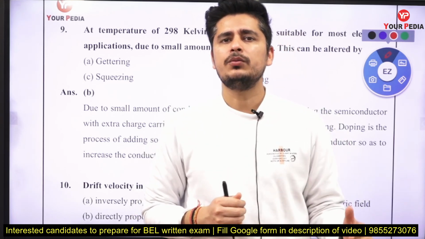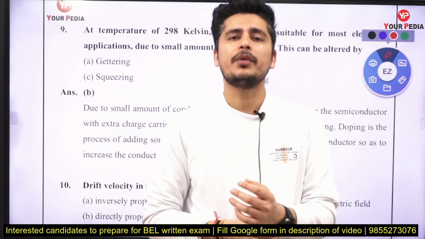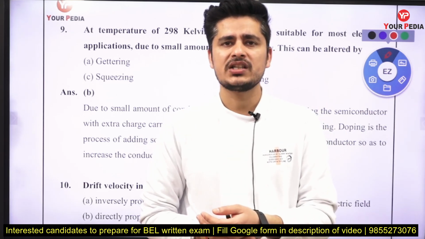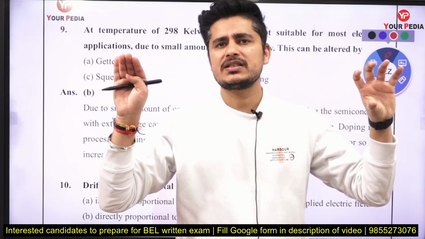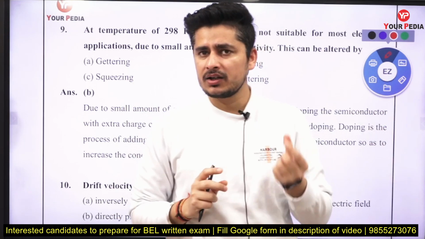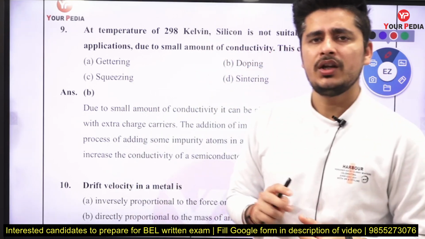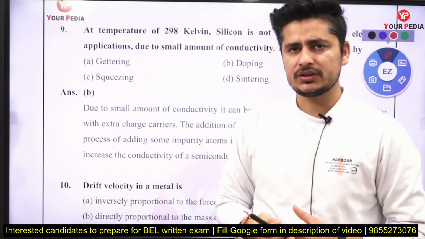So what we can do, we will find another way to increase the conductivity. One way to increase the conductivity is temperature. When you increase the temperature to 300 Kelvin, the conductivity is still very small. If you want good conductivity, you need to increase the temperature further.